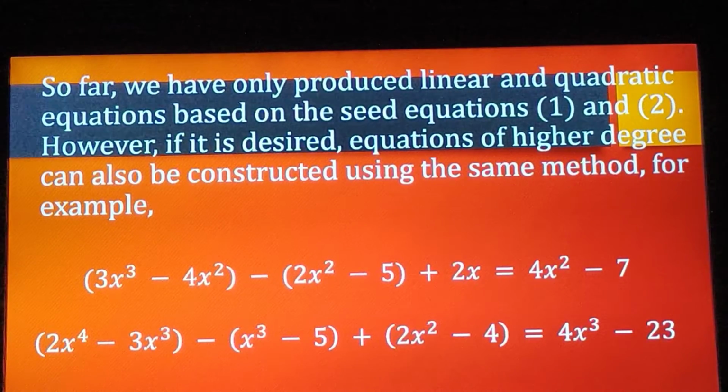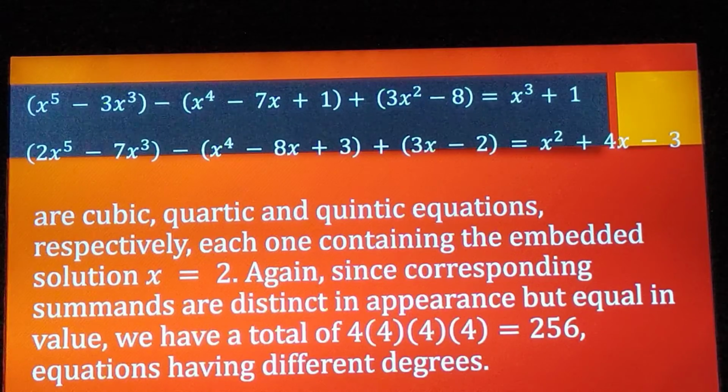Same thing with the second equation, which is now a quartic equation. And we have two quintic equations.